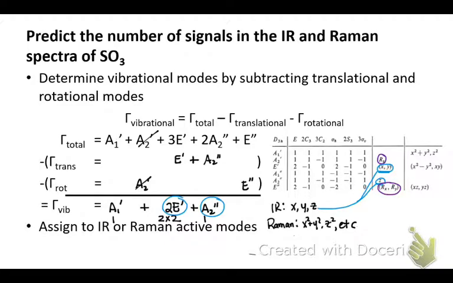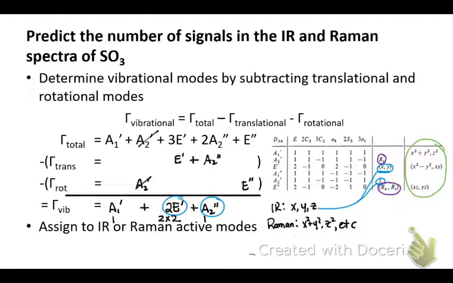For the Raman spectrum, the Raman modes are going to have the same symmetry as any of the functions in that final rightmost column, the squared functions. And the reason that Raman active modes have those symmetries is that the Raman selection rule is change in polarizability. So imagine stretching the molecule in 2 dimensions. It's going to have the same symmetry as those functions.